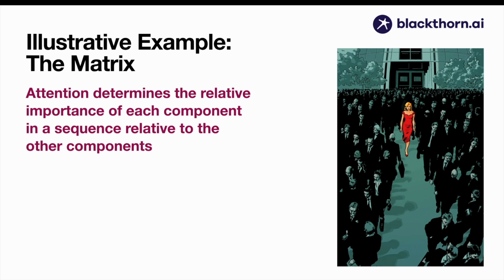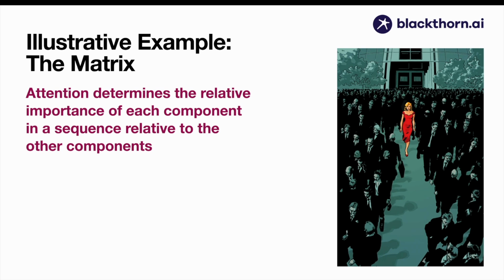Let's consider an illustrative example, The Matrix. We can define attention as the ability to determine the relative importance of each component in a sequence relative to the other components. Do you remember the cult movie The Matrix? In this episode, Neo doesn't just see a sea of people, he focuses on a woman in red.